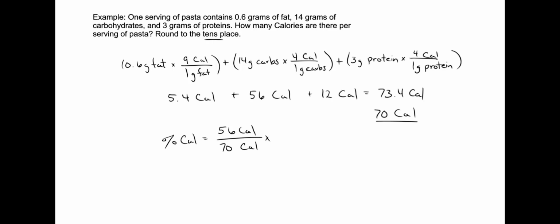And let's say I want to go to 2 significant digits on this, even though that's technically only 1 there. And then we multiply by 100 to convert it into a percent. So 56 divided by 70 tells us that this is roughly, actually we only need 1 significant digit, this is 80% of the calories.